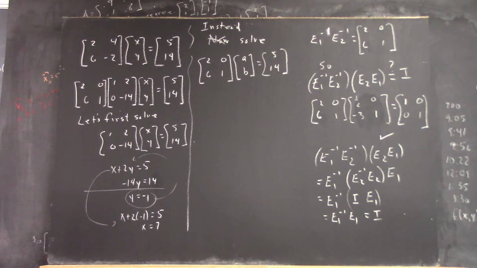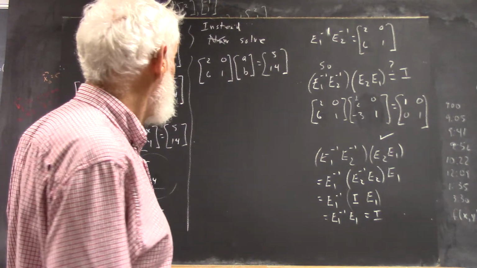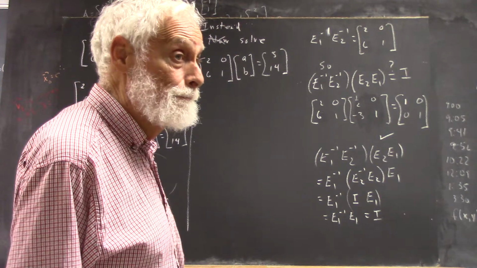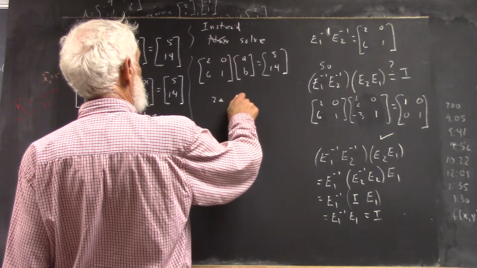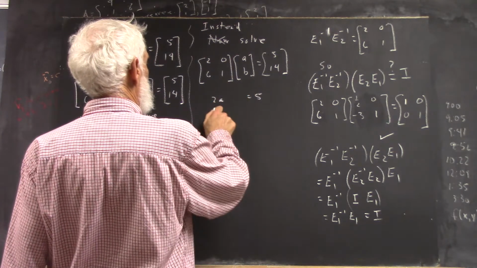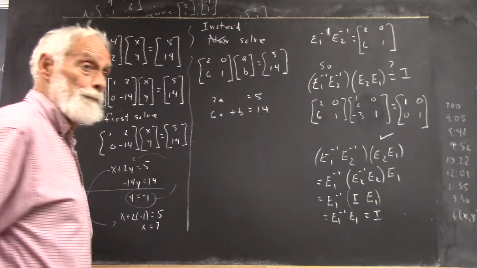We're going to get ugly fractions, but I'm not going to change numbers on you again. That's easy to solve, isn't it? Well, this means 2a equals 5, and 6a plus b equals 14.